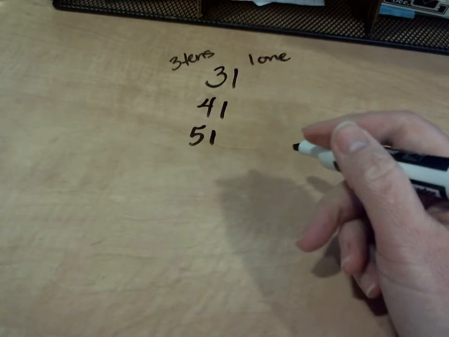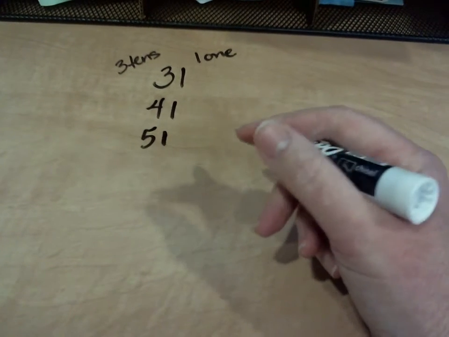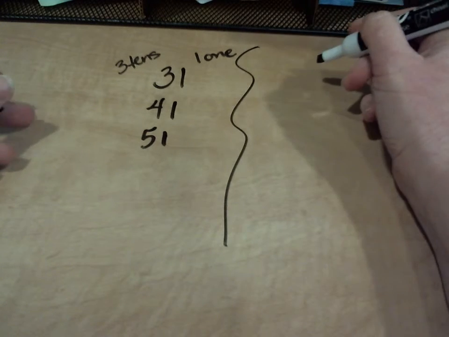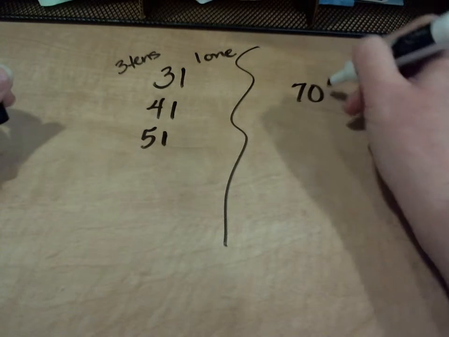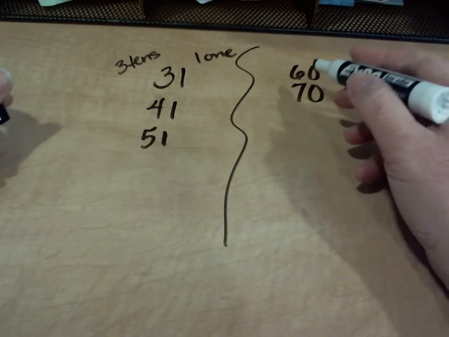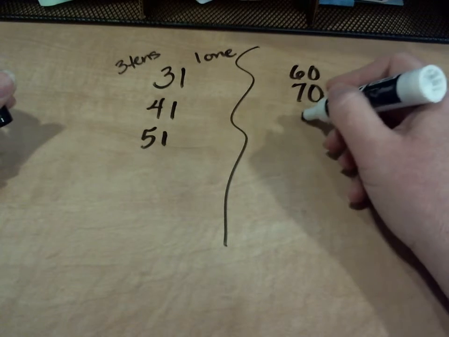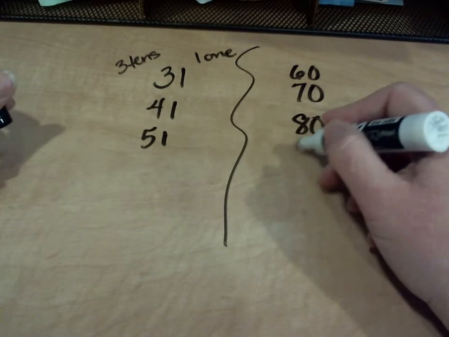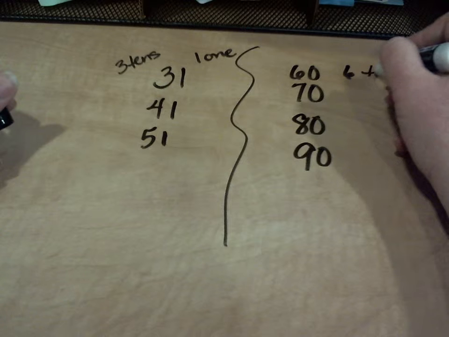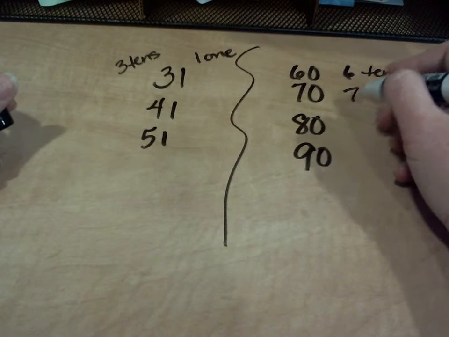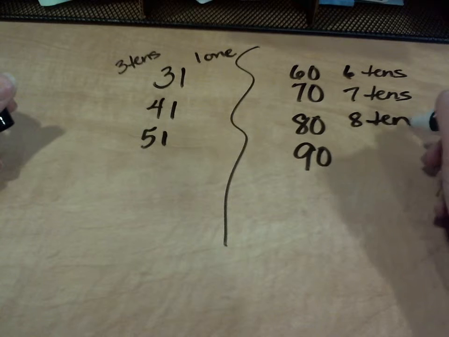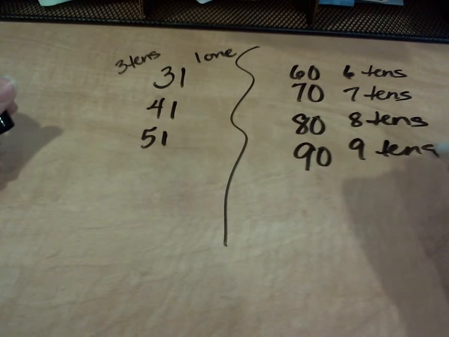But what if, sorry that I bumped the camera, but new thought, let's say I'm trying to teach kids about the patterns of counting by 10: 60, 70, 80, 90. So 60 is 6 10s, 70 is 7 10s, 80 is 8 10s, you know where I'm going, 9 10s.